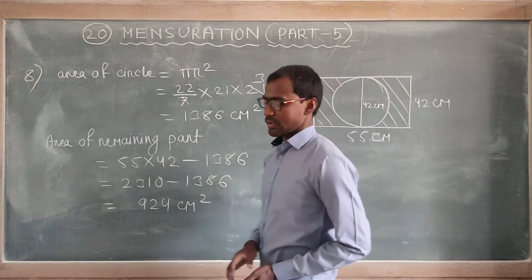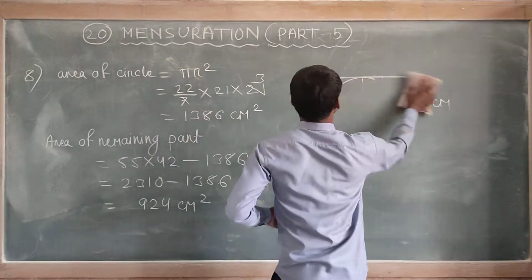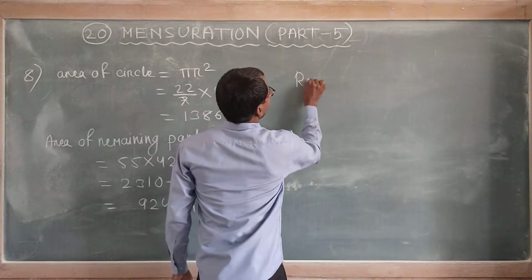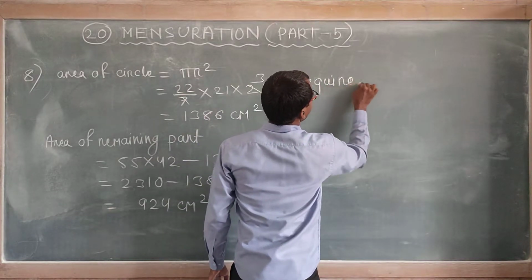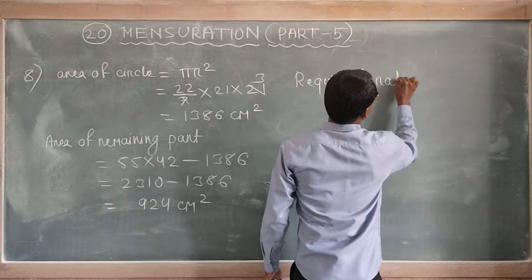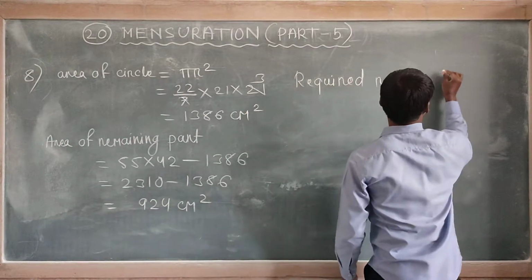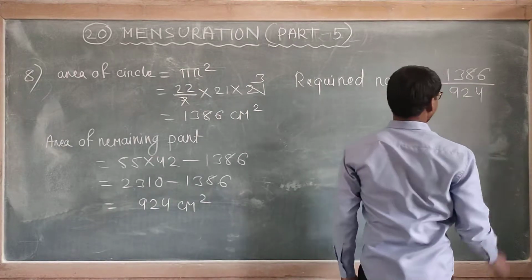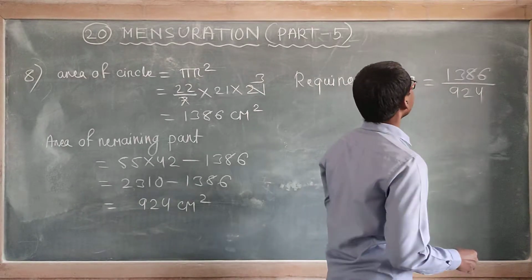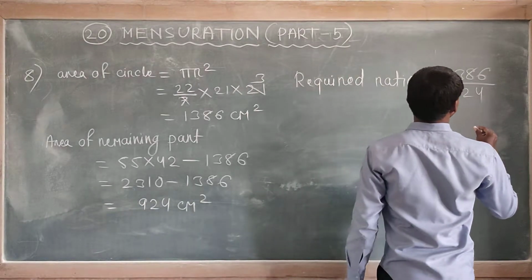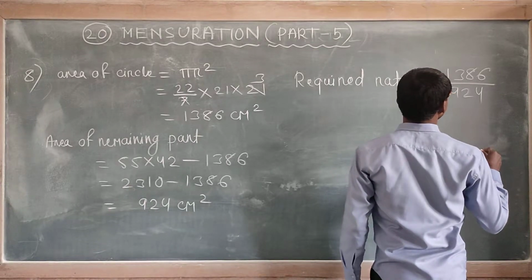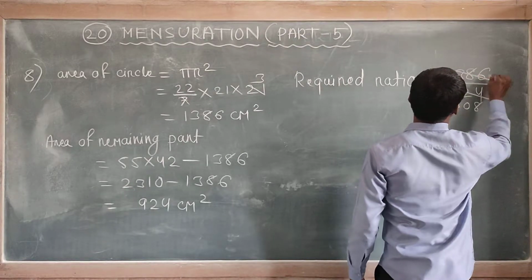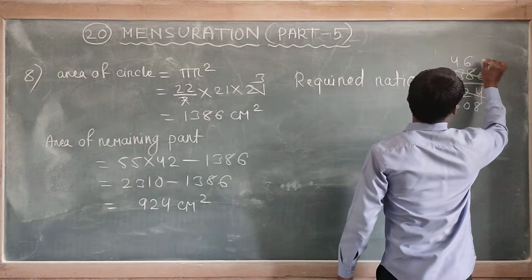And now we are going to find the ratio between these two. So the required ratio is equal to 1386 by 924. Let us simplify this. 308, 462.